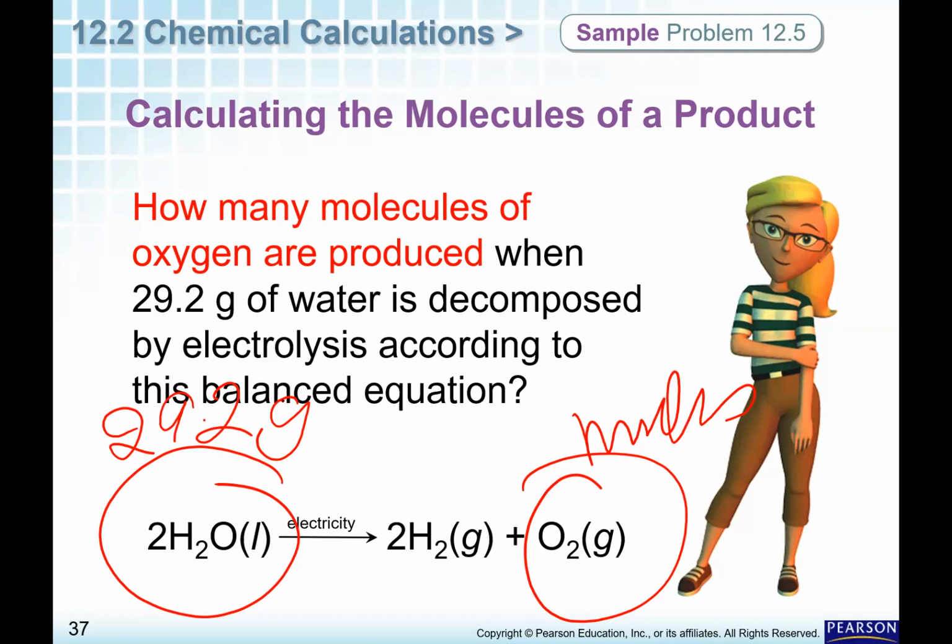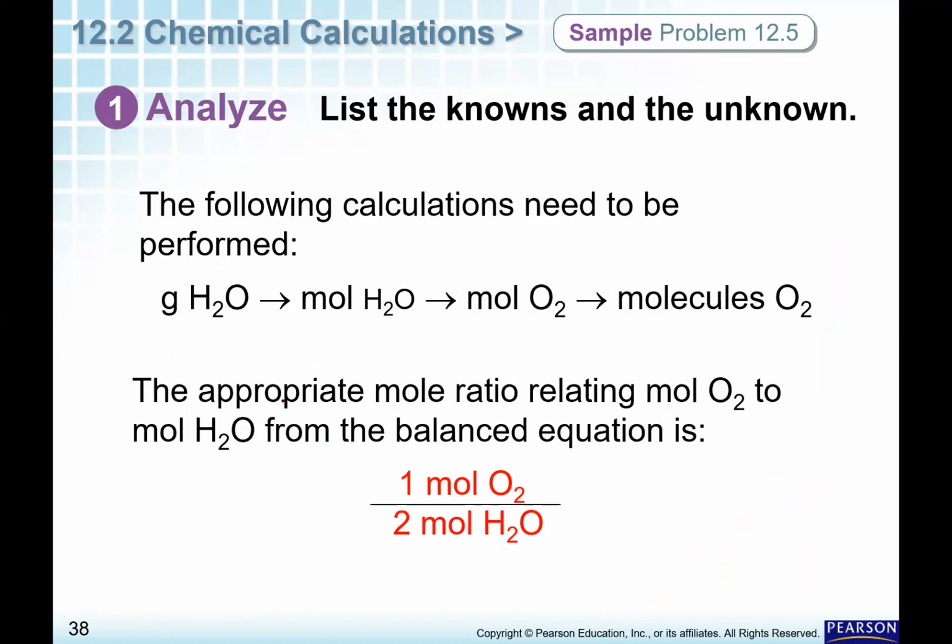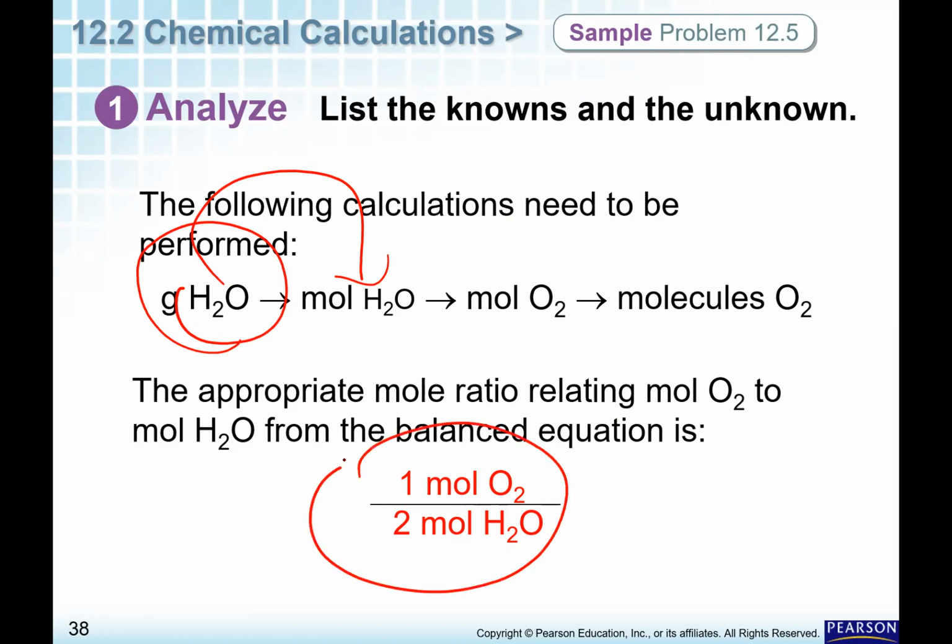First of all, we convert the 29.2 grams of water into moles using the molar mass of water. That will be your first step. Here's the plan: we have grams of water, we take it to moles using this conversion factor.